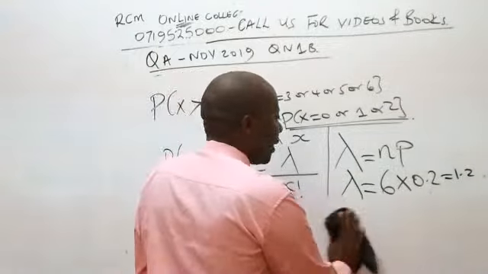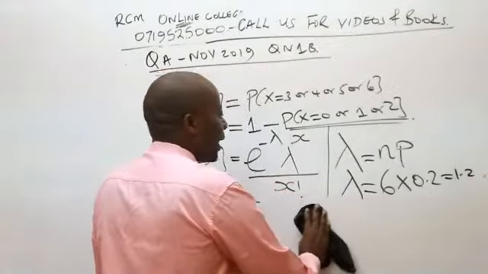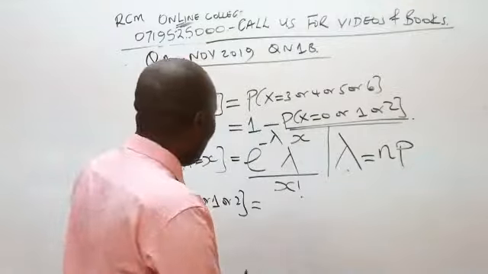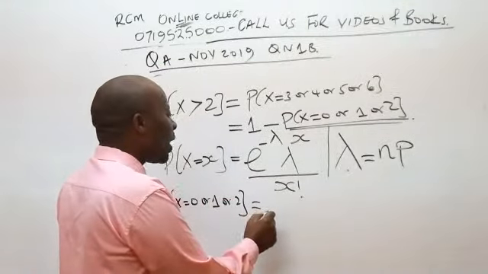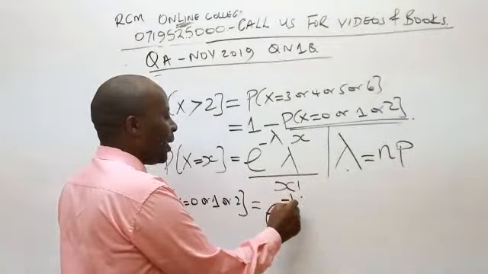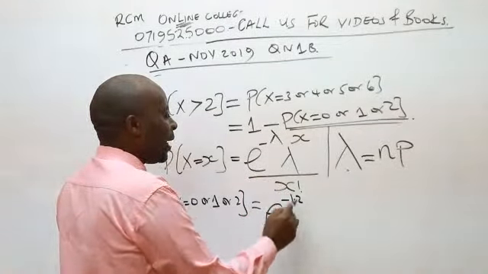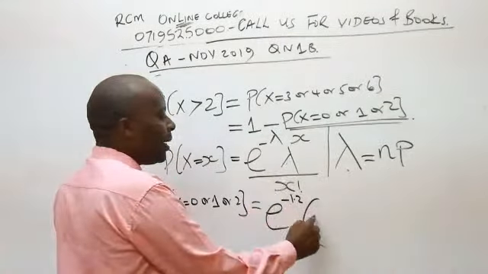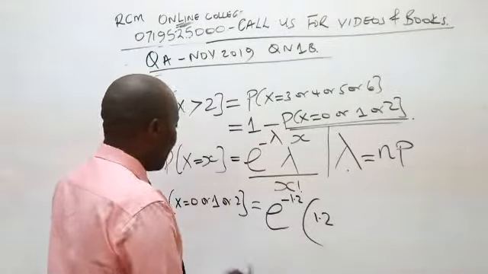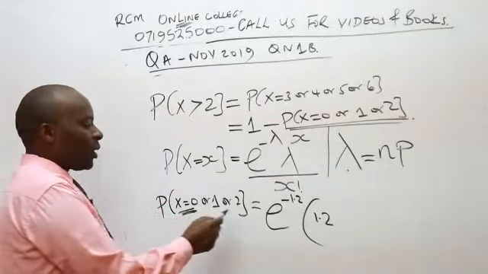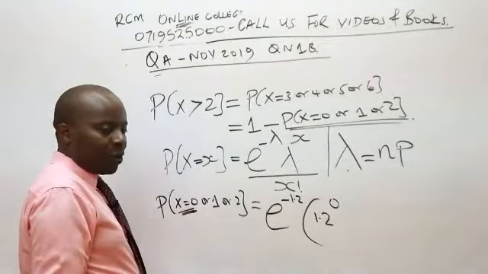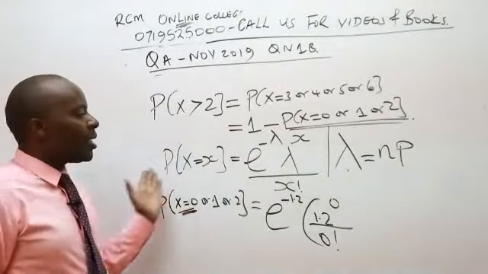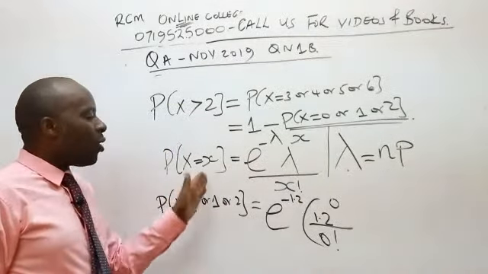Once I have that, now I'll be able to apply this other formula very easily. Once I have my mean, I hope you have taken this down, I'll come and factor out e raised to negative lambda. Lambda here is 1.2 raised to the first x figure, which is 0, all over 0 factorial. I'm factoring out this e because it's applicable to each one of them.